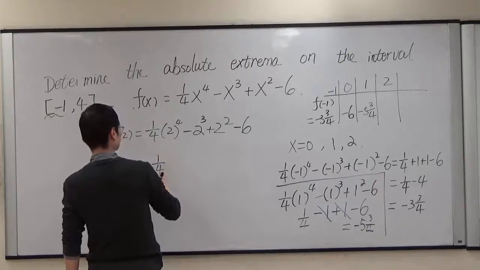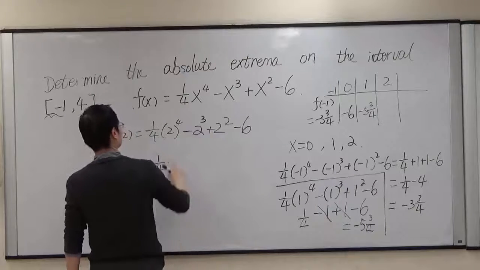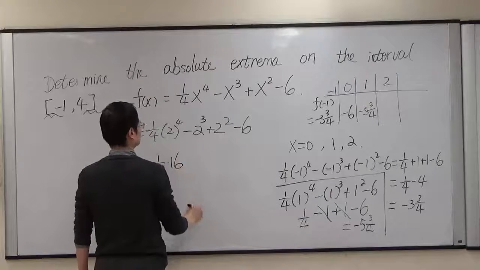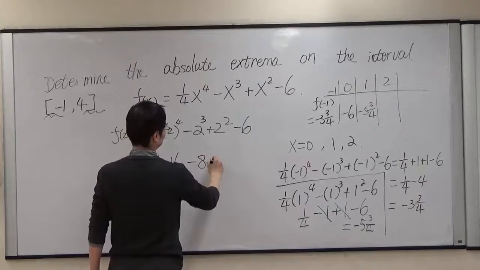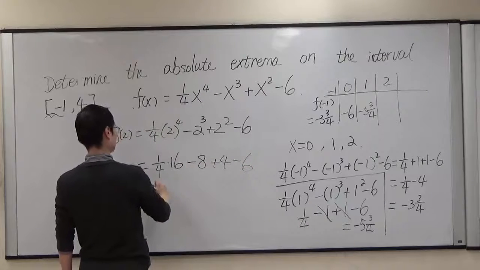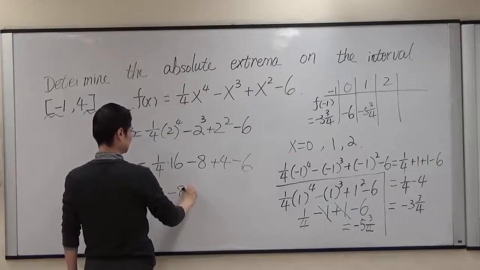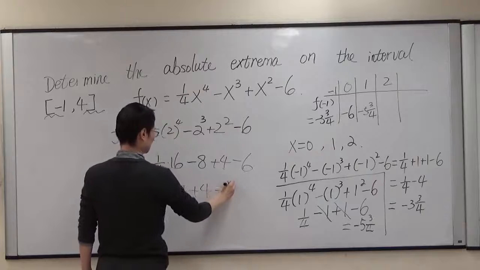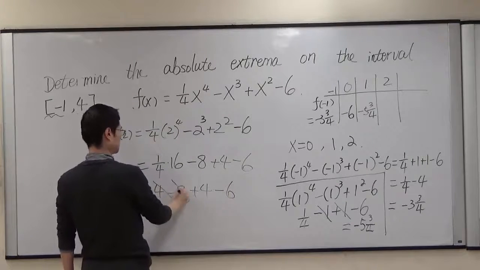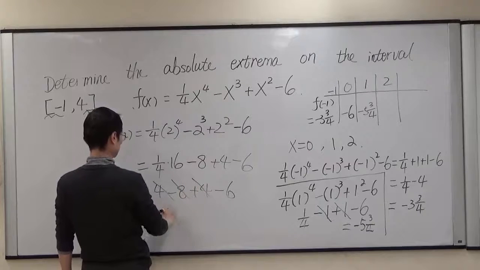This 1 over 4 times 2 to the 4th power, that's 16 over 4, which is 4. Subtract 8 plus 4 minus 6. So 4 plus 4 is 8, subtract 8 cancels out. We're going to get negative 6.